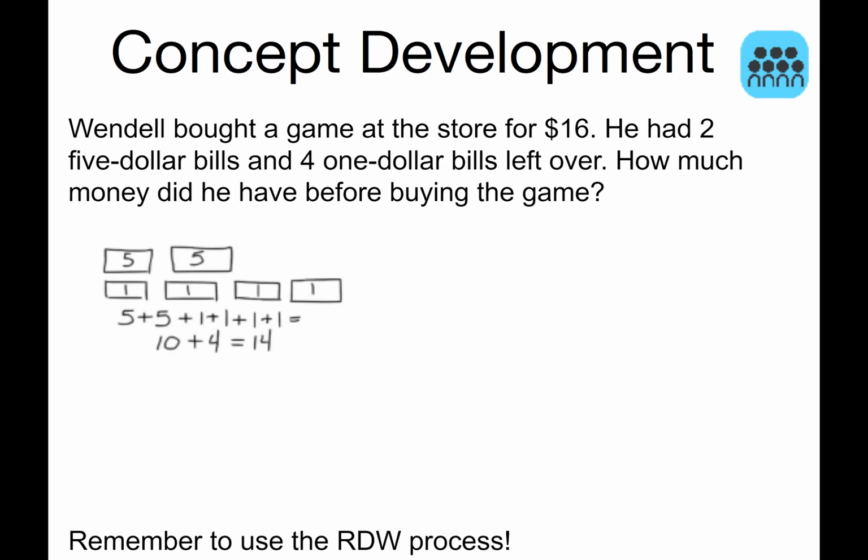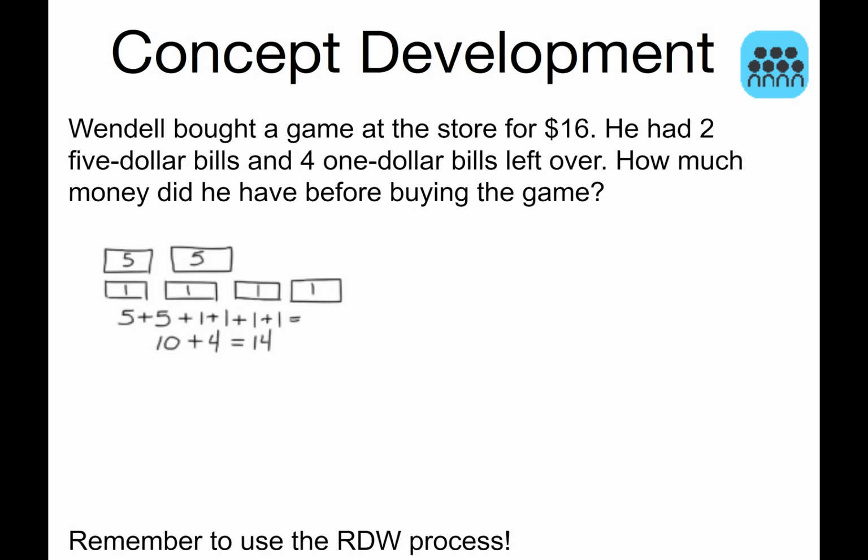So when we add it all up, we do $5 plus 5 plus the $1, 1 plus 1 plus 1 plus 1. Well, 5 plus 5 equals 10. 1 plus 1 plus 1 plus 1 equals 4. 10 plus 4 equals 14. All right, 14 is how much money he had in the beginning?